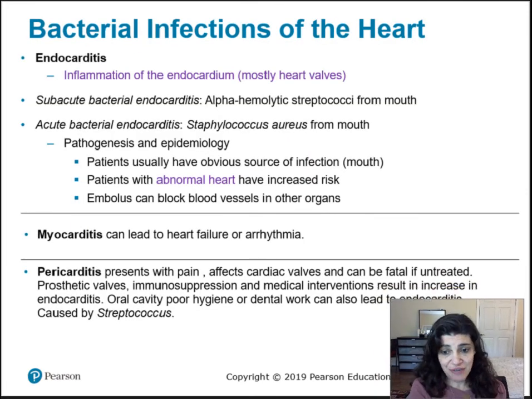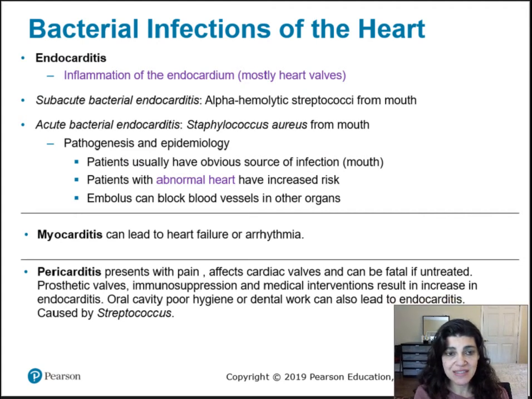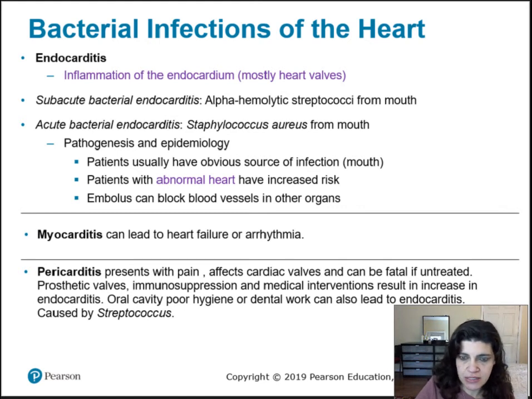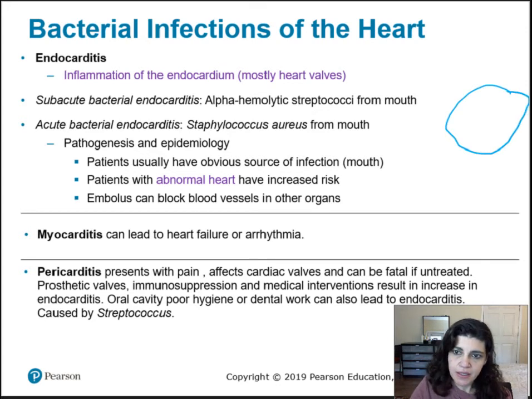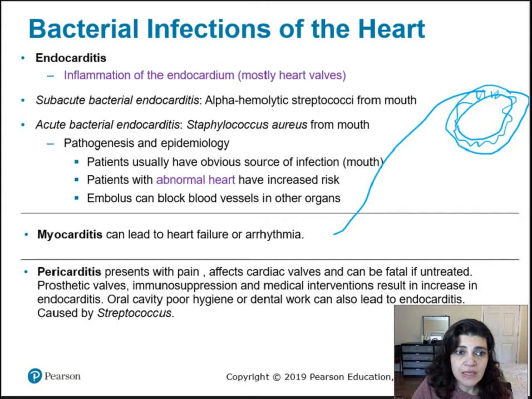The heart can get infected. If the heart gets infected, you can infect one of the 3 layers of the heart. So let's say this is your heart here, right? That's the heart. You have a muscular wall, right? So that's the muscular wall. The muscular wall is the myocardium, right? The endocardium, so let's say these are the 4 chambers.